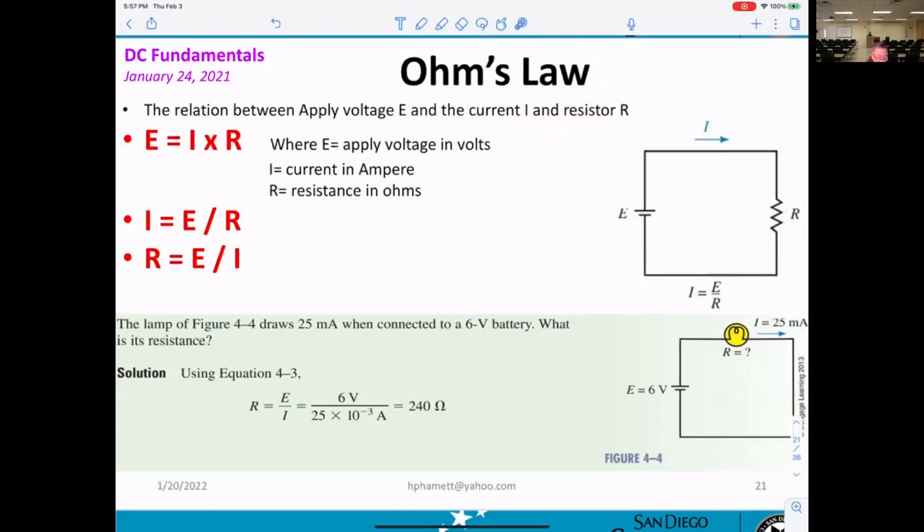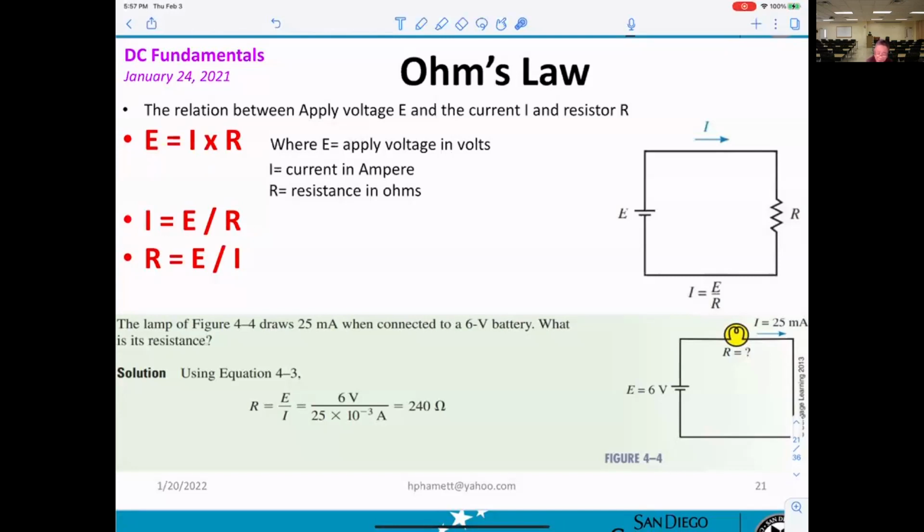Normally, E, the voltage, equals I times R. In this formula, E must be in volt, I must be in ampere, R must be in ohm. And from this formula, you're able to calculate I equals E divided by R, or R equals E divided by I. That's what they call Ohm's law.